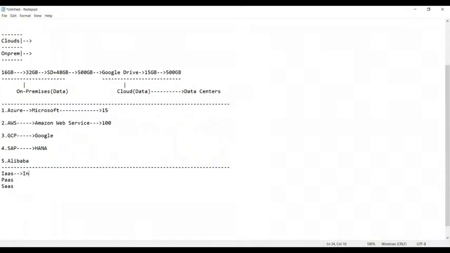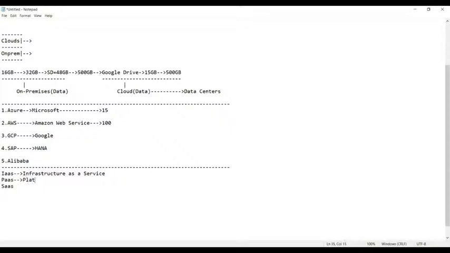IaaS stands for infrastructure as a service. And now, guys, what do you mean by PaaS?